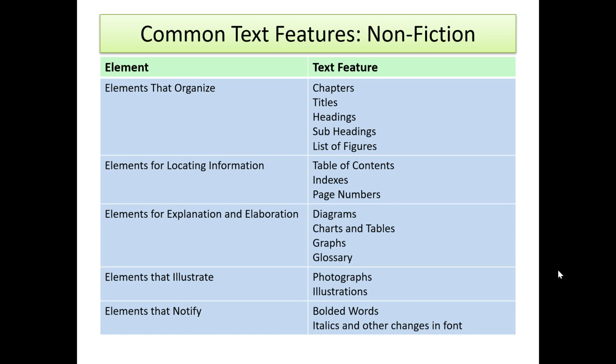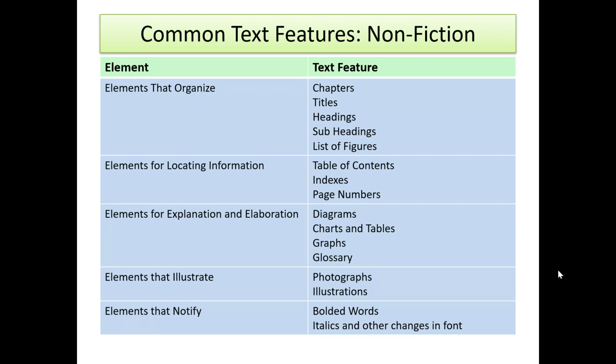Of course, page numbers. Narratives do have page numbers also, but this might be important to note that indexes and table of contents list what page to find specific information. Elements for explanation and elaboration, of course, are more information to usually graphically explain what's written in words, like charts and tables and maps.